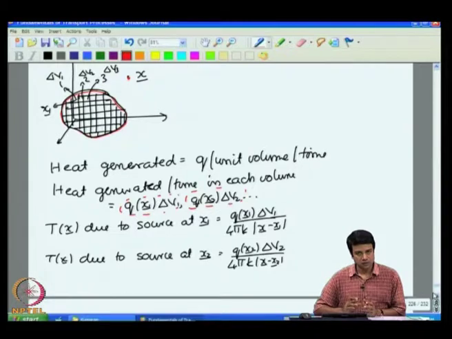So, q at the position x1 times delta V1 gives you the total energy coming out per unit time within the differential volume delta V1. And similarly for q at the position x2 times delta V2. As you make the sizes of the volumes smaller and smaller, this gets closer and closer to a distributed source.